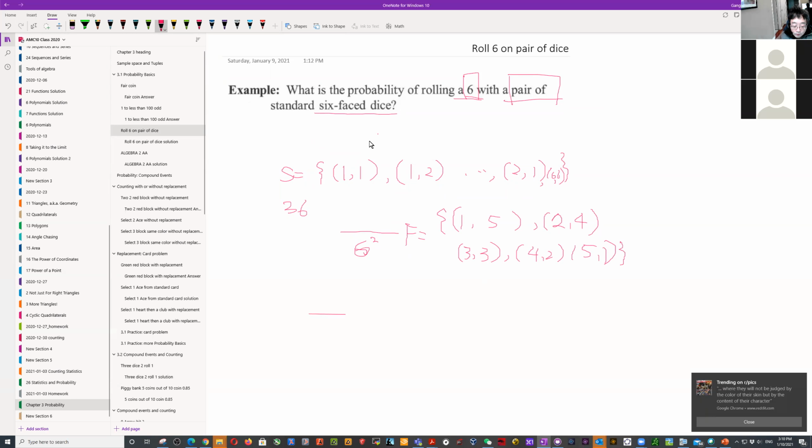In addition to doing this, you can also use a matrix. Usually if it's a two-event problem, you can label the first event in rows, for example row 1 and row 2, and the second event in columns, with 1, 2, 3, 4, 5, 6 on each.